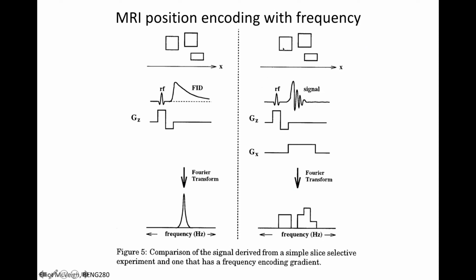And so a column here is precessing at a lower frequency than a column over here. And so when I turn the gradient on, measure my signal, I now take the Fourier transform of that signal to break up the composition of frequencies. When I look at it on the frequency axis, it looks like this, right? So we look at this sample, and look at that sample.